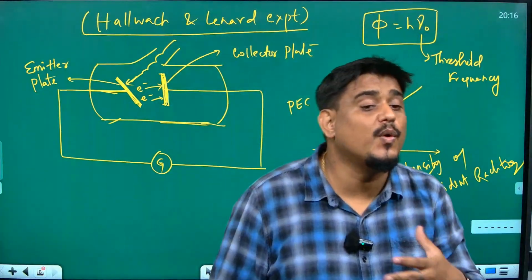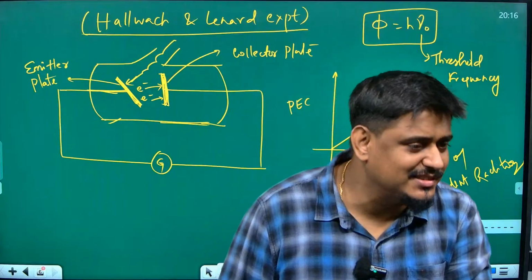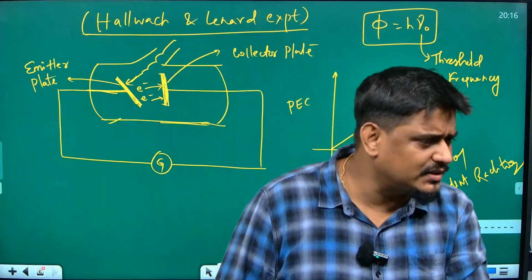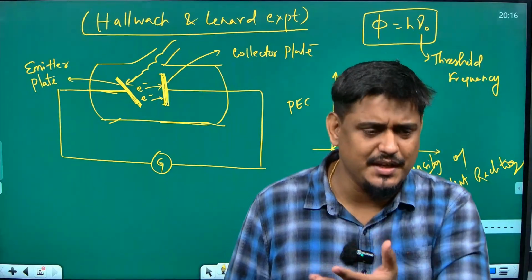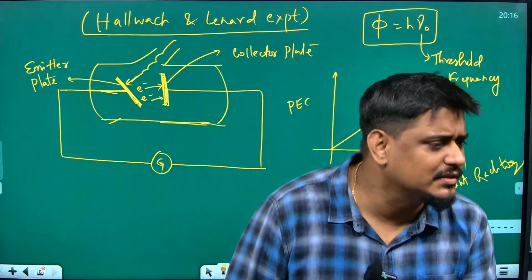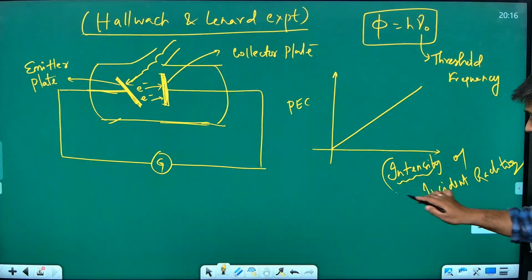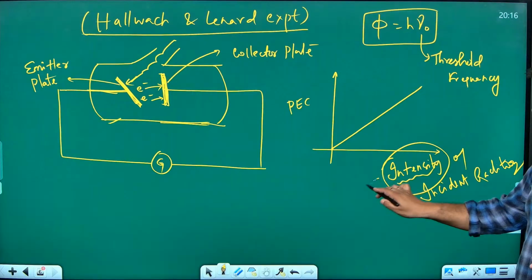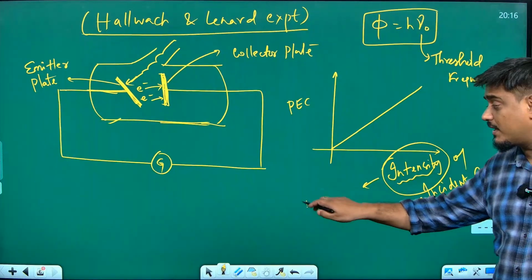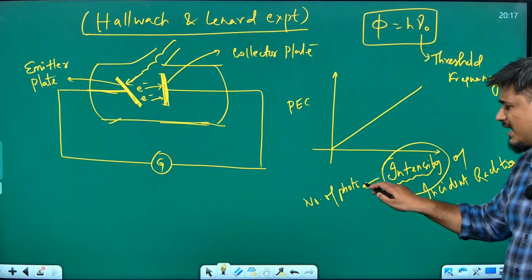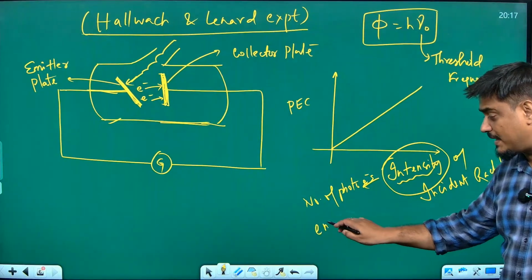If more photoelectrons are getting ejected. Fewer photoelectrons, less current. More photoelectrons, more current. I = NEAVd. If N becomes more, we have more current. So understand that intensity of incident radiation affects the number of photoelectrons emitted per second.